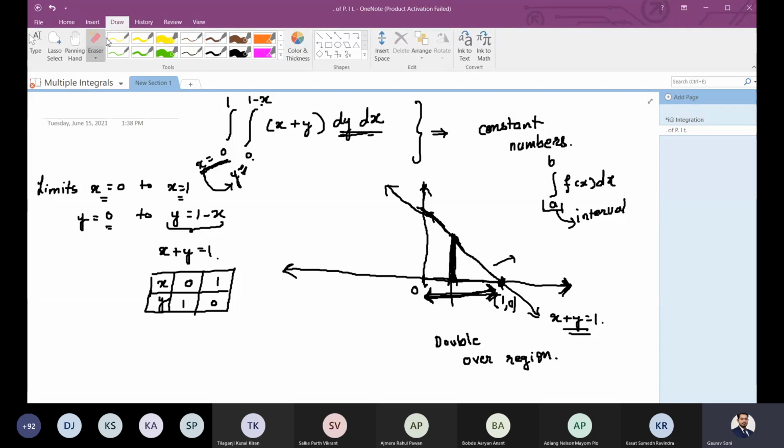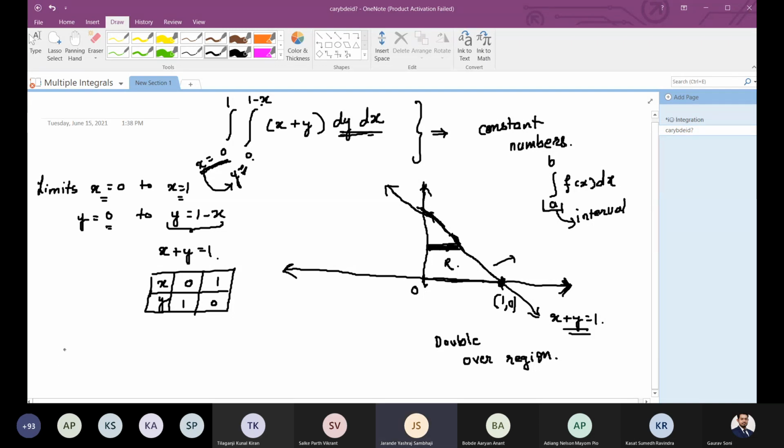Now, this is where I will need some conversation from your side, and that will help you understand how you are giving the limits. Now, I will draw the horizontal strip like this. Can someone tell me how you will define the movement of the strip in order to cover your region R? You will move it vertically, from where to where?